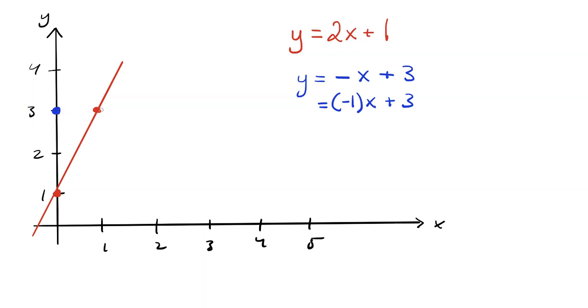And then if we go 1 step in this direction, we should go down 1, because k is equal to minus 1. So we have the next point here. And now we can connect. So this is the graph for this function. So it's easy to draw a graph of a linear function. You only need 2 points on the line. If you know, for example, here where it crosses the y-axis, and you know the slope, you can draw it easily.